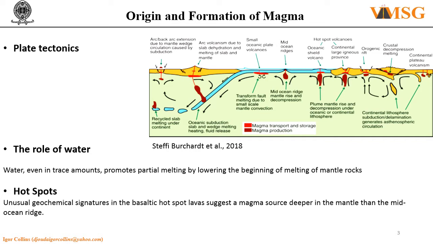Water plays an important role. The water introduced into the mantle wedge above the subduction zones lowers the melting point of mantle rock, facilitating magma generation and volcanism at the surface. And last, we have the hotspot. Unusual geochemical signatures in the basaltic hotspot lavas suggest a magma source deeper in the mantle than the mid-ocean ridge.